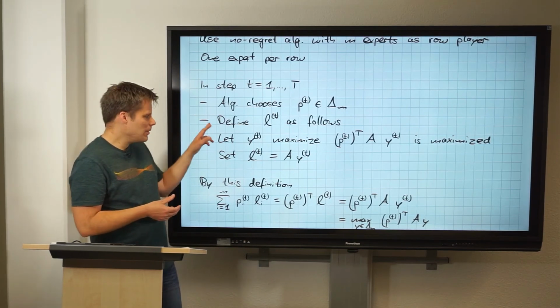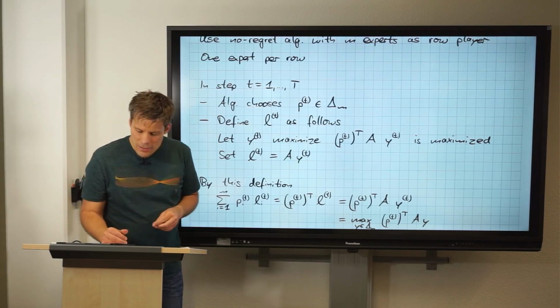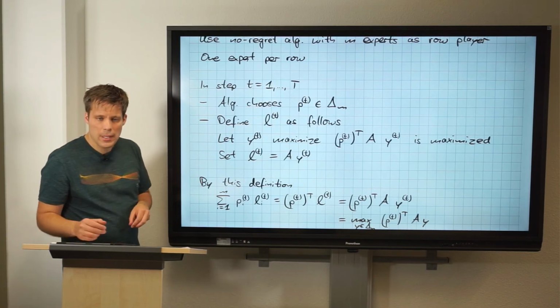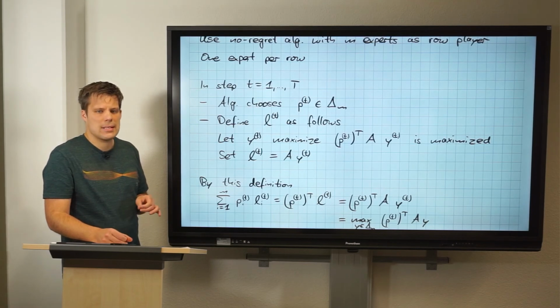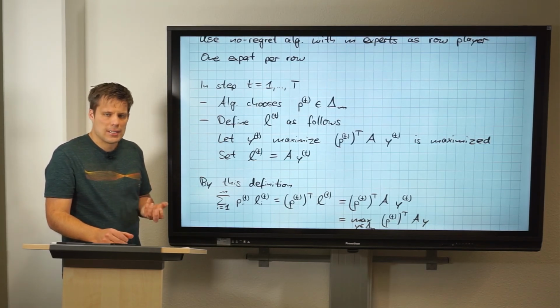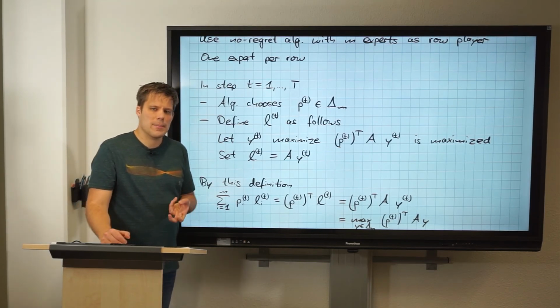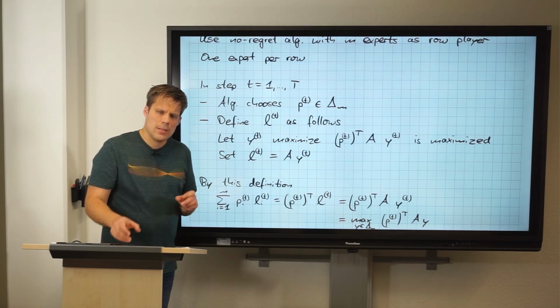But because the row player is using a no-regret algorithm, eventually the cost that they are incurring is no more than the cost of the best single expert, and also this way it is no more than the cost of the best probability distribution over experts.